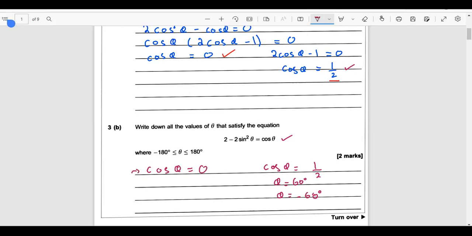When is cos theta 0? When is the value of cos 0? Theta 90. Okay, theta 90. How do you know? Either you can use your calculator, or if not your calculator, you can use the graph of cos theta.